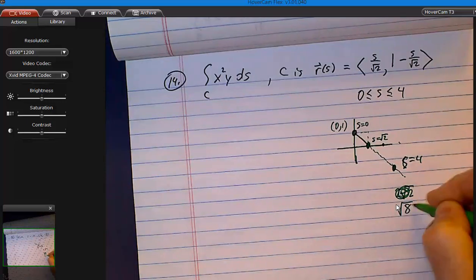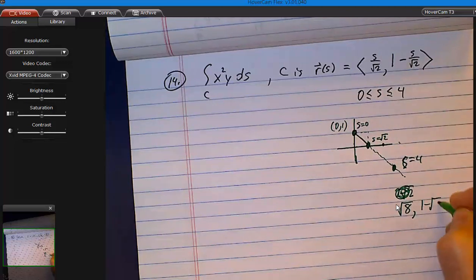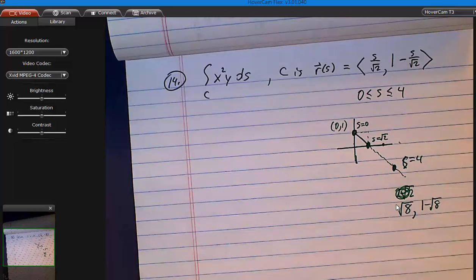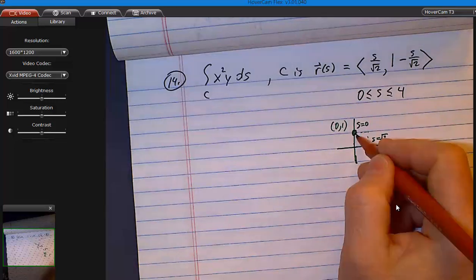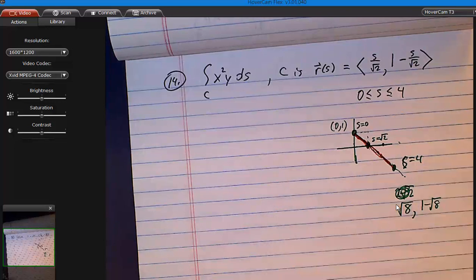Maybe that is an easier way to say it. And then comma, we have 1 minus the square root of 8 here, which would be negative for sure. So I guess the path I'm following is this red path right here. Okay.